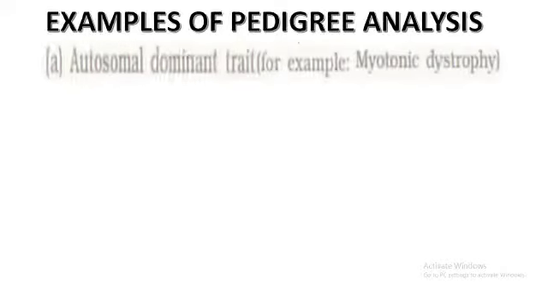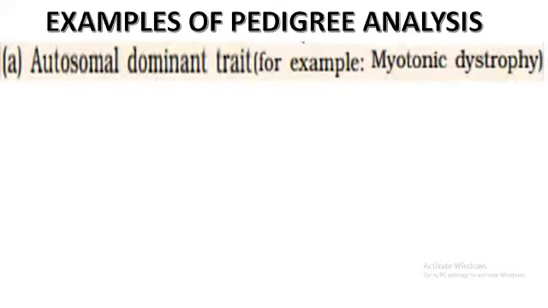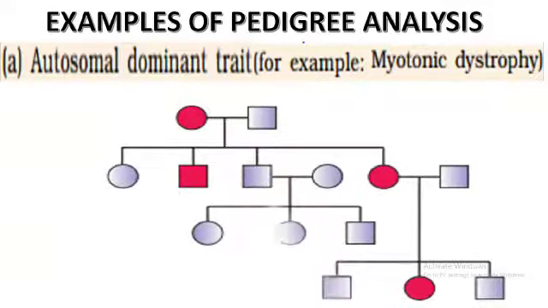Now let us come to examples of pedigree analysis. This is a pedigree chart for an autosomal dominant trait called myotonic muscular dystrophy. Here in this chart, the female is affected. In the next generation, you can see the character in a son and a daughter.